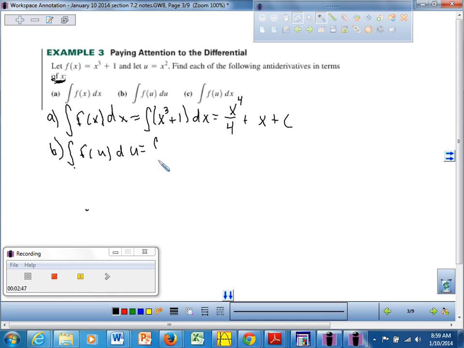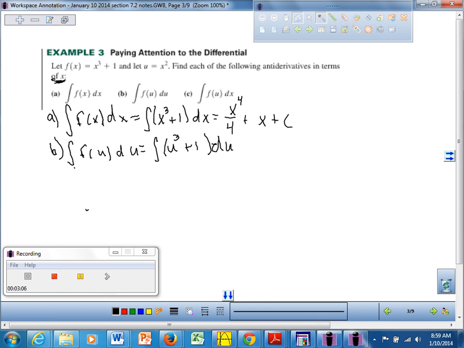So it would be the integral of u cubed plus 1, just plugging in the letter u for x. Even though u is x squared, not yet, because we are doing u and du, so we want to stay completely in u.